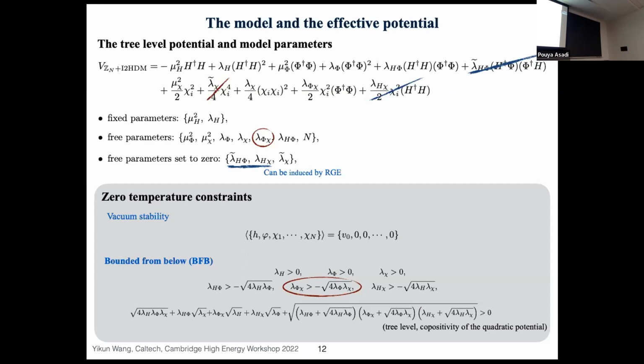And I will show you exactly how thermal mass depends on this. So I want this to be as inactive as possible, but it cannot be arbitrarily inactive because I have a boundary from below from zero temperature considerations. The boundary from below tells me this parameter has a lower limit given by two other parameters. So this condition here plays an important role in thinking about our parameter space.